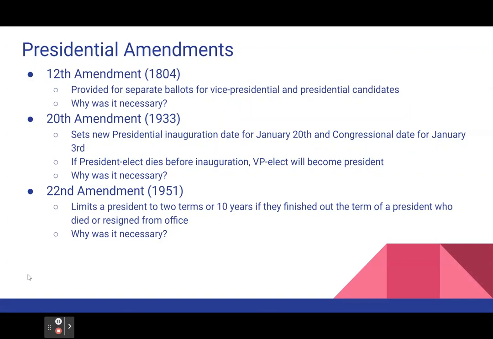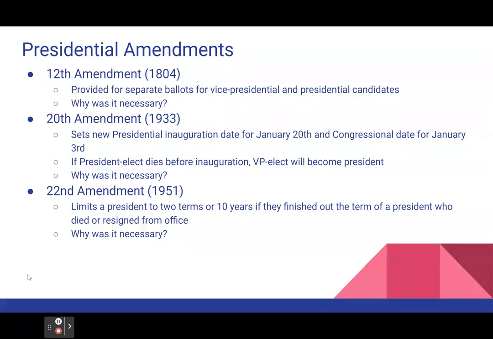And then he ran on his own right, and then became president on his own terms in 1904. And then he decided that he was not going to run for reelection immediately after. He could have, but he did not. Then he decided he was going to run again in 1912, but he didn't win. So it's off and on.